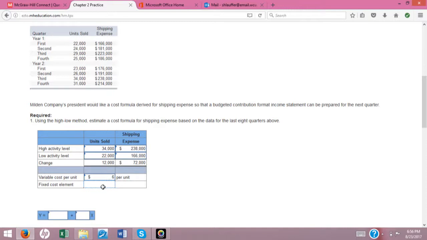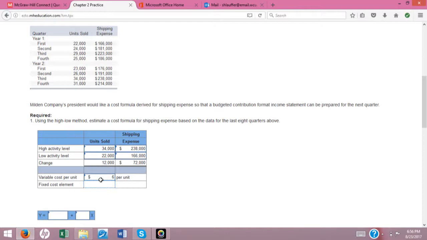Our fixed element is $238,000, let's see, write this out, $238,000 less the high activity amount, which is 34,000, times our variable cost per unit, which is $6 a unit. So 34,000 times $6 a unit gives us $204,000, and that's our variable cost.